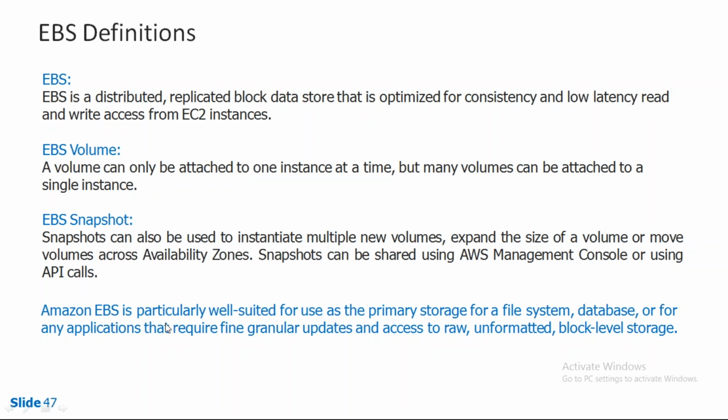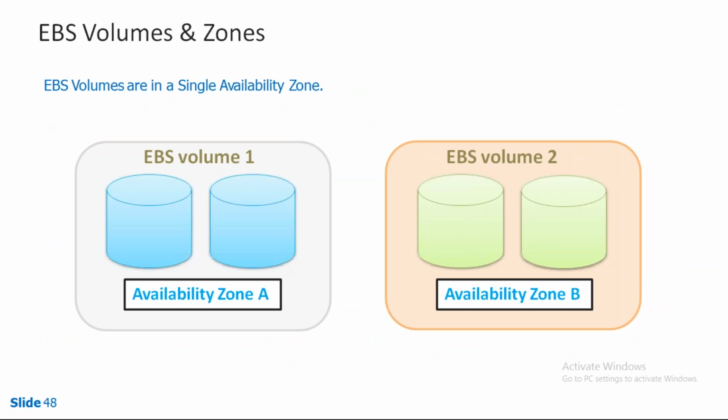Amazon EBS is particularly well suited for use as primary storage for a file system, database, or any applications that require fine granular updates and access to raw unformatted block level storage. So this is what EBS is. Then, EBS volumes and zones.